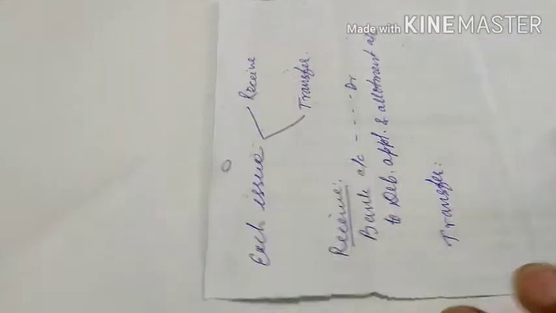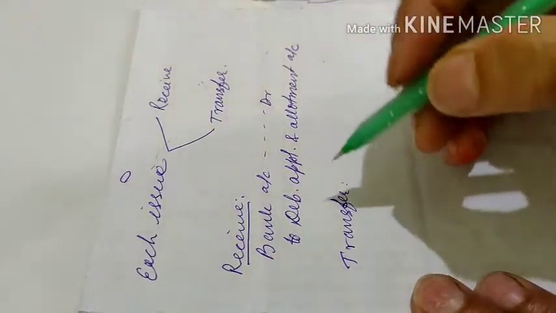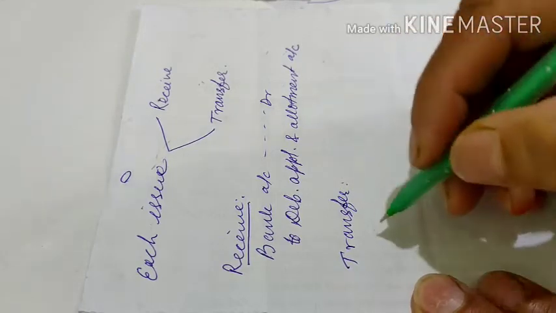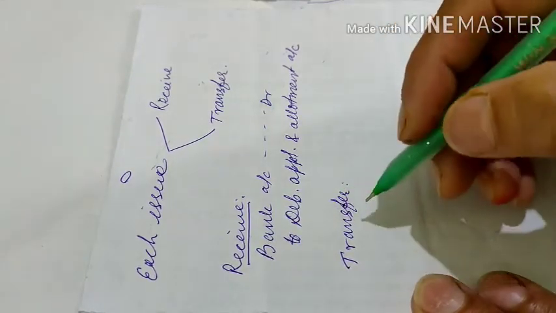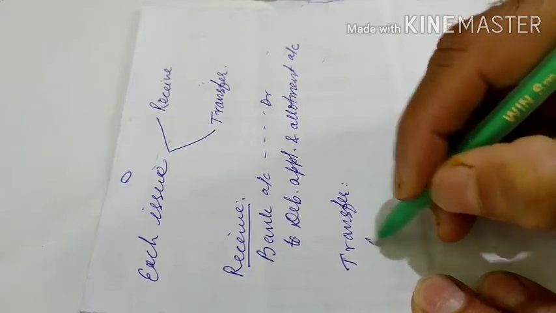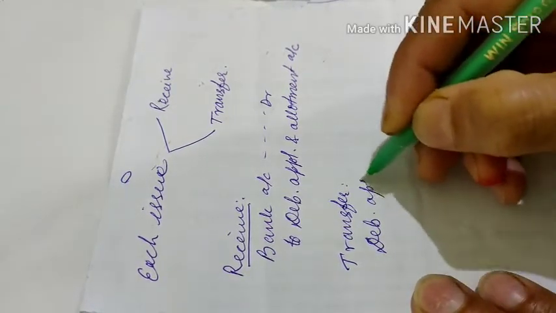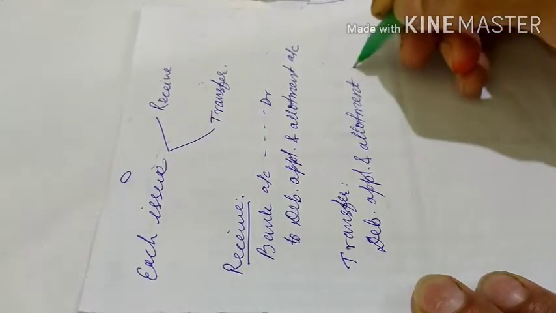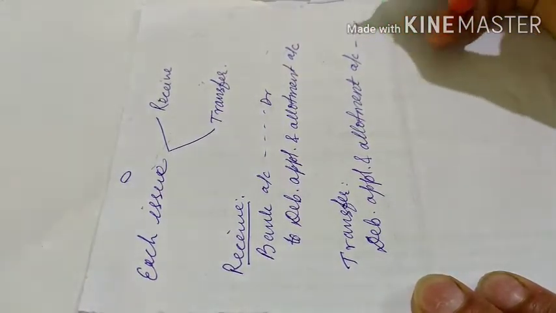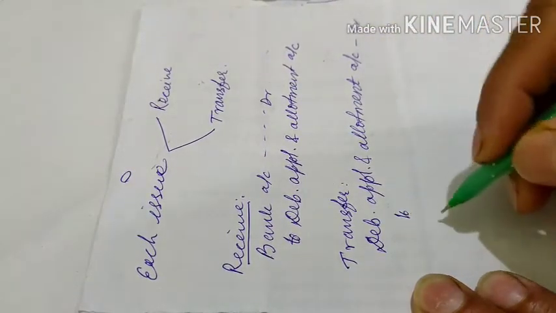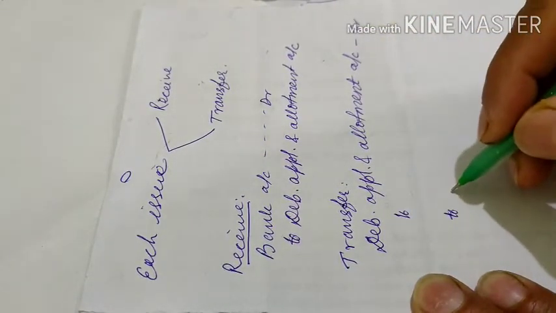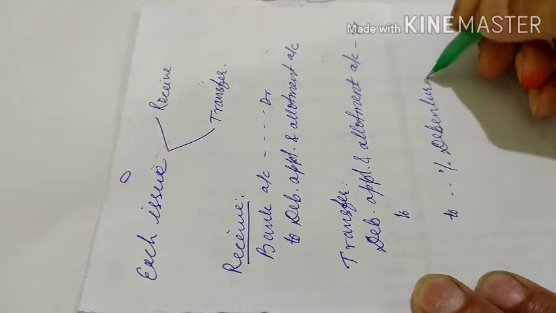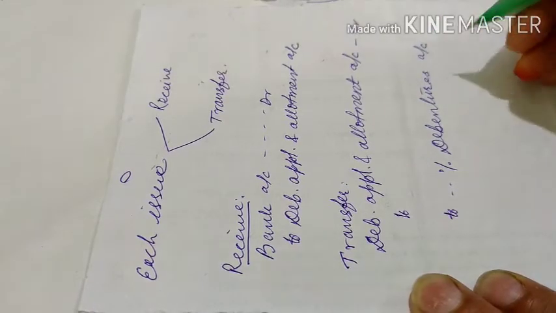You have the transfer entry. Now what is transferred? Debenture application and allotment account is transferred. That's the reason why debenture application and allotment will be debited here. So you have debenture application and allotment account debit to debentures account.